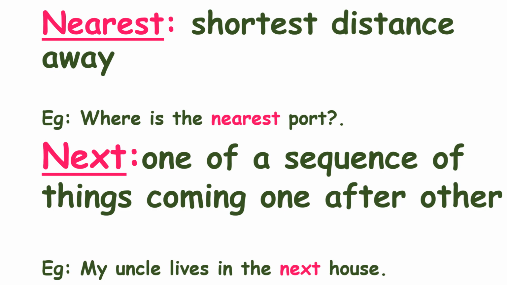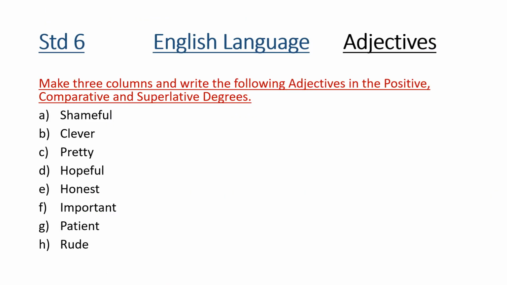And now this is your assignment, students, that you're going to complete on your language copy. You have to make 3 columns: in the first column you write positive, in the second column comparative, and in the third column superlative. And you need to write the other 2 forms here. For example, shameful, that is already given as positive.